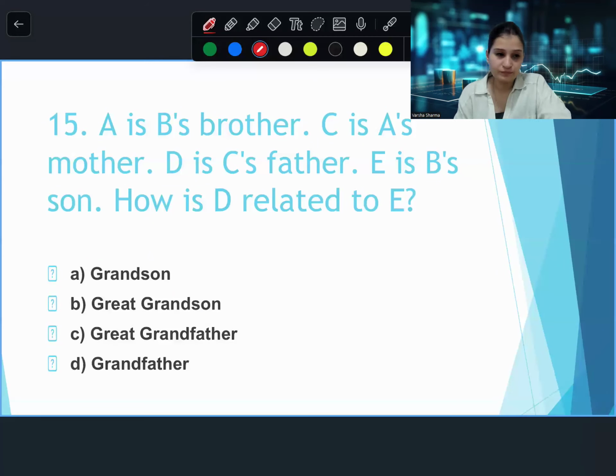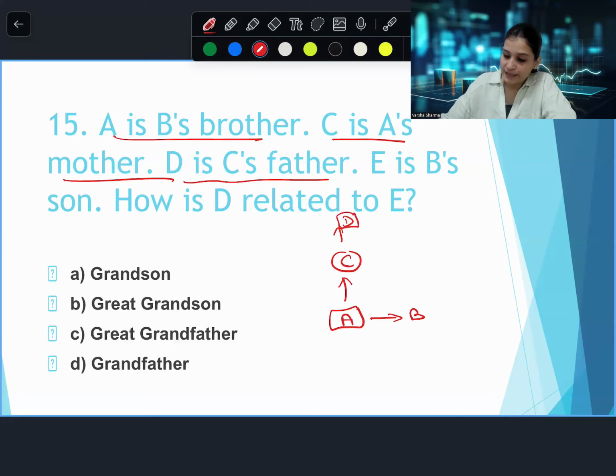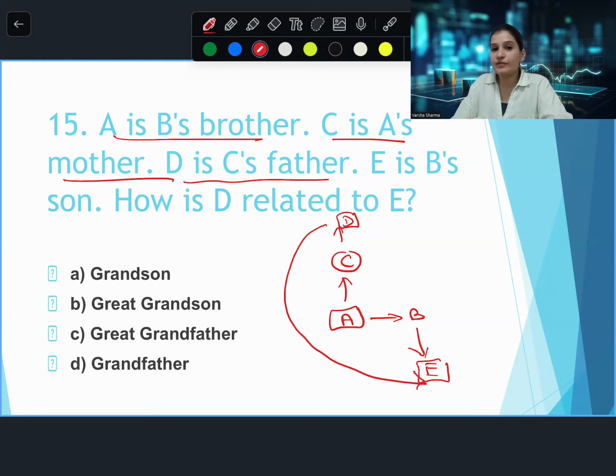15. Great grandfather. A is B's brother. C is A's mother. D is C's father. E is B's son. How is D related to E? 4 generations. So great word will be there.